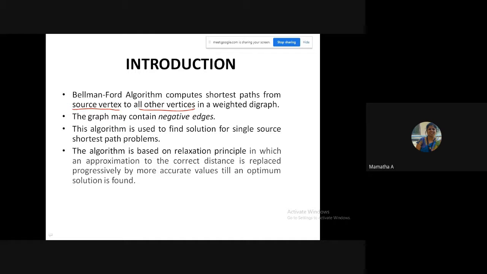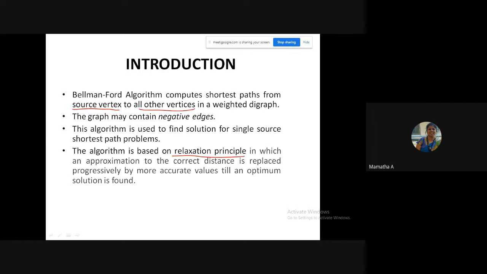So this algorithm is based on something called as relaxation principle, wherein the approximation to the correct distance will be obtained progressively as I keep solving the sub problems till I get the optimal solution. Okay, it's called as relaxation principle. So relaxly, slowly, progressively, you will get the solution to the problem.